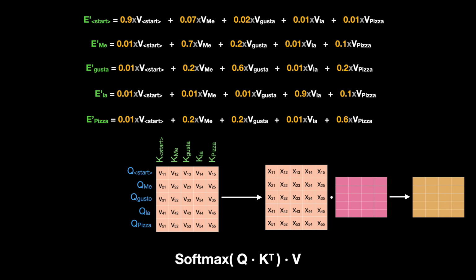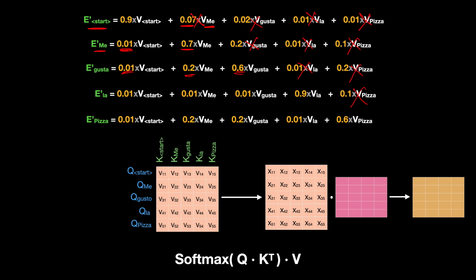Now for masked attention, we don't want the tokens to see the future tokens, which means that to obtain the new contextual embedding of the word "start", I don't want any contribution from the future words, which means that their similarity score and the value vectors must not contribute to the new contextual embedding. Similarly, to generate the new contextual embedding of the word "me", the future words "gusta", "la", "pizza" should not contribute, and so on. And the sum of the remaining similarity scores should also be equal to 1.